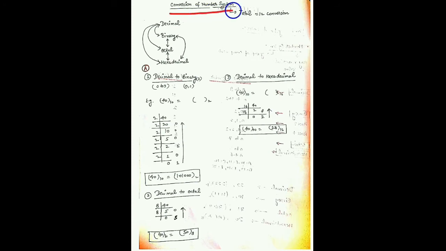Now next we come to conversion of number system. In our syllabus there are 4 number systems: decimal, binary, octal and hexadecimal.